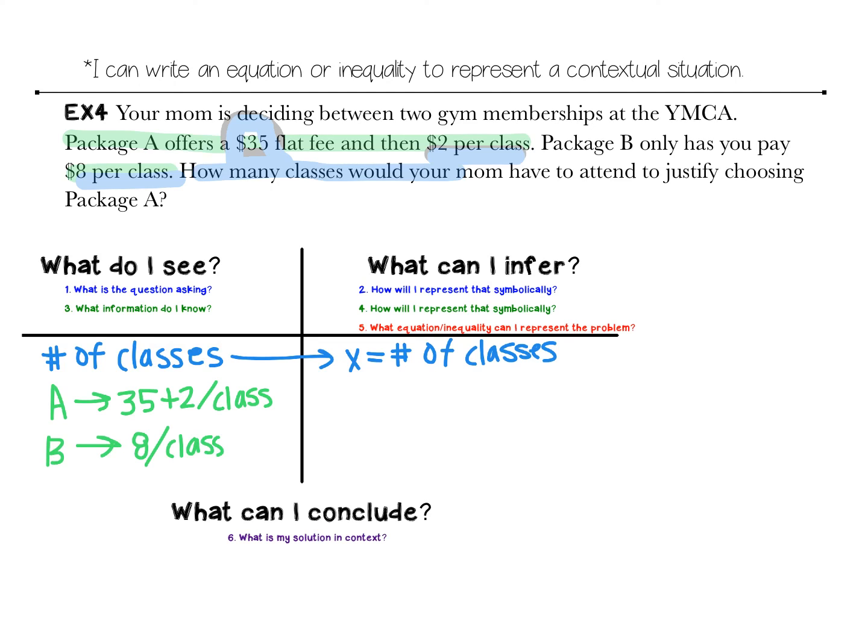So if I know that X is the number of classes, then I can write this as 35 plus 2X. And this would represent how much I would pay as 8X.